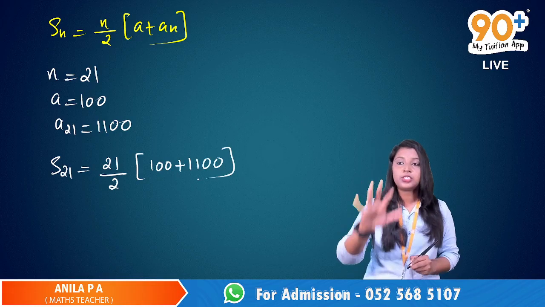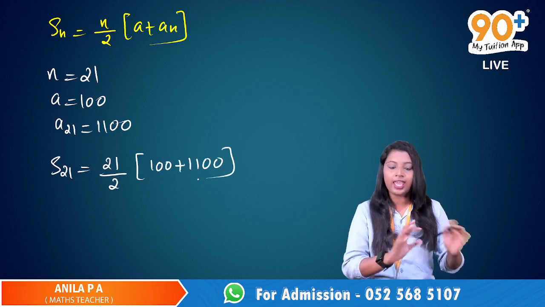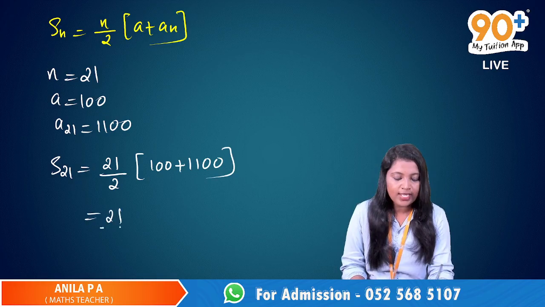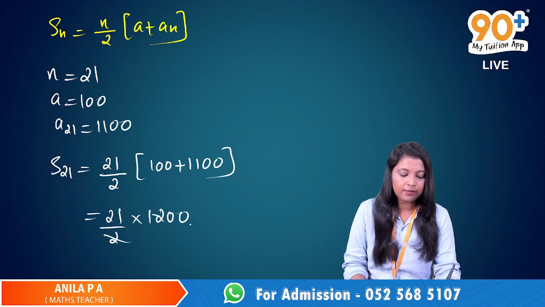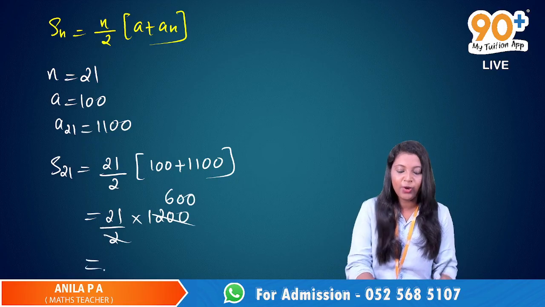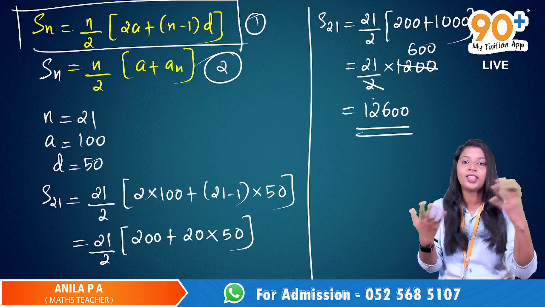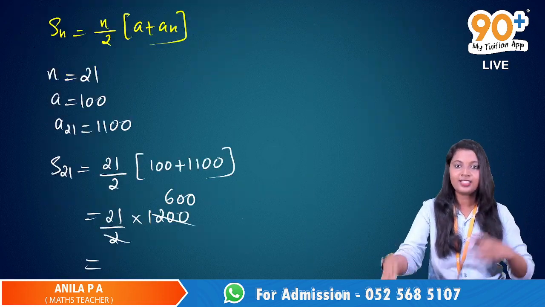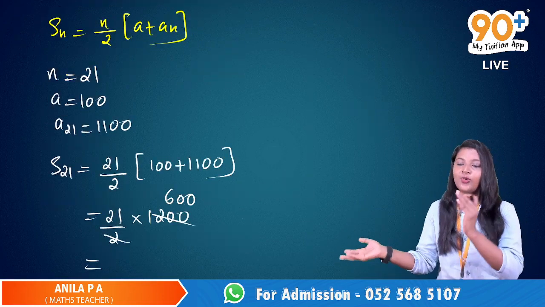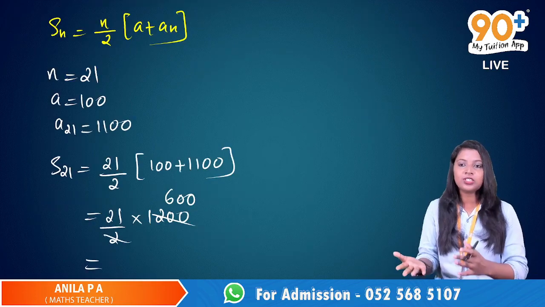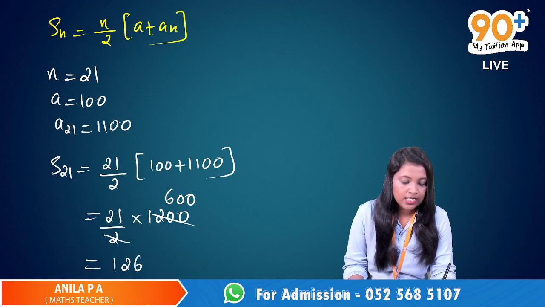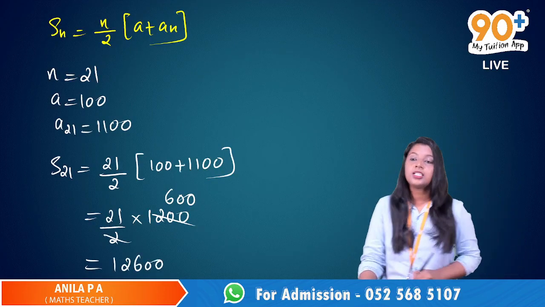Simply substituting the values of a and an, this is equal to 21 by 2 into 1200. Doing the same step, you are going to get the same answer. Here also 21 by 2 into 1200, so 12,600 will be the total money.